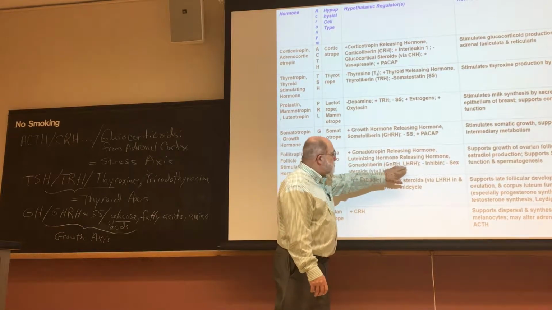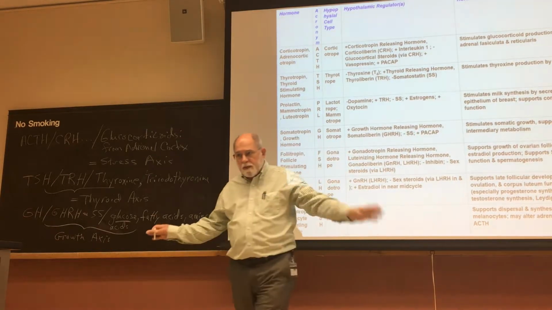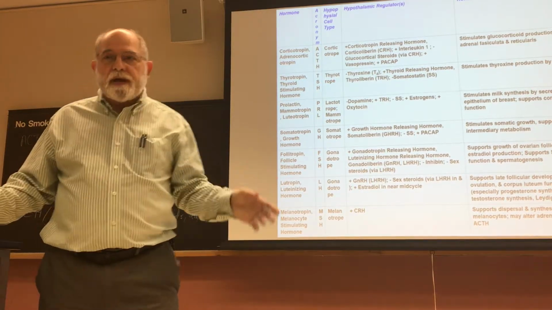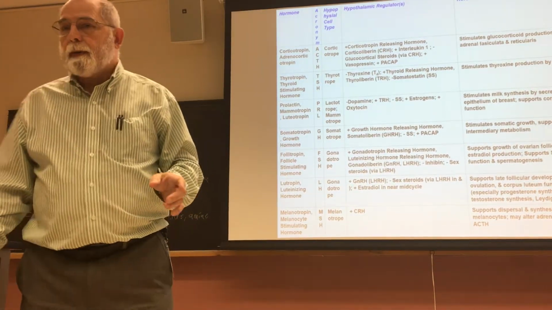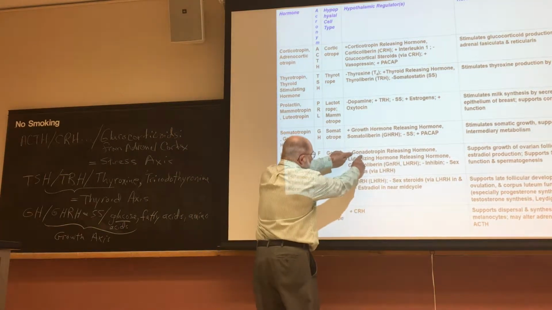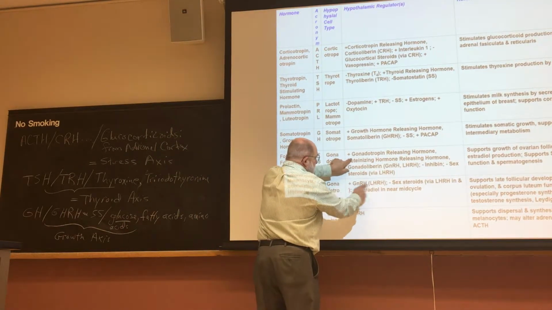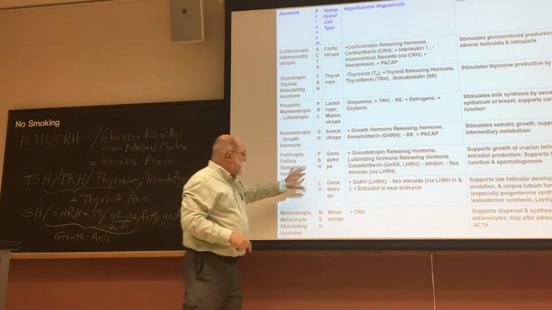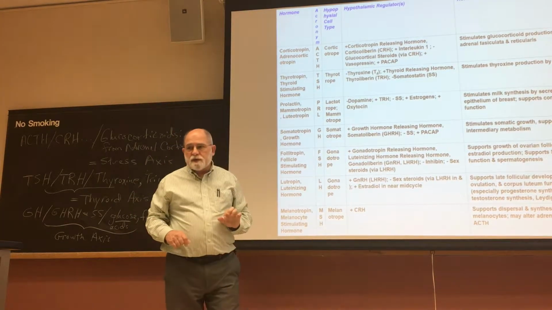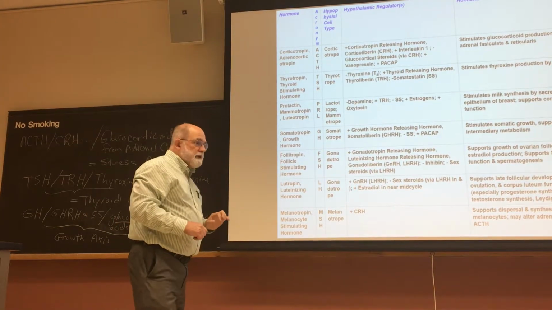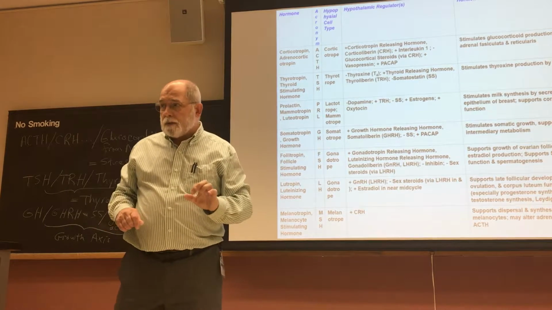So GnRH and LHRH, same molecule. 10 amino acid long peptide. So this molecule here and this molecule here, same molecule, both stimulatory, stimulates production of both of those from the gonadotrope. And it does it in both the male and the female.